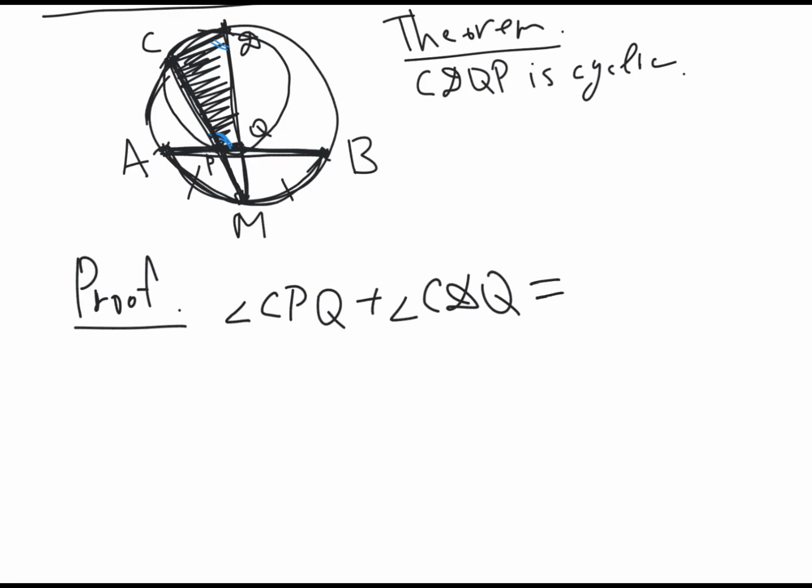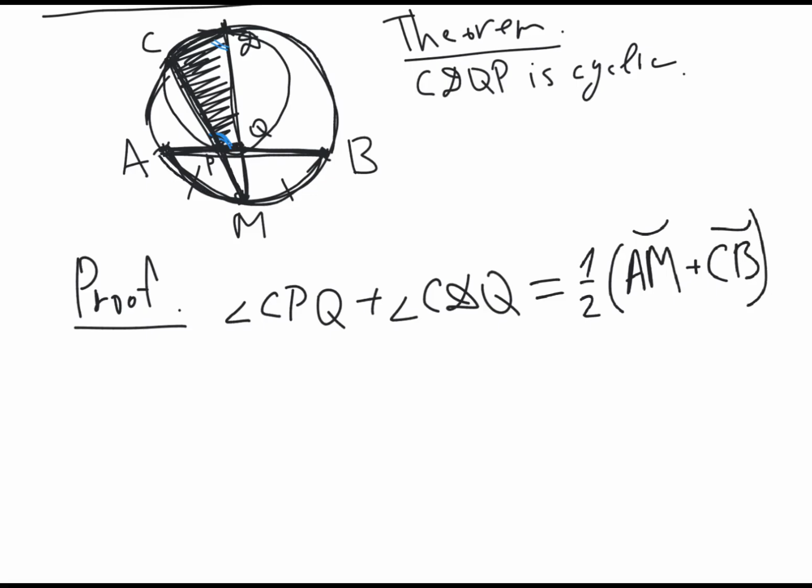So it can be expressed as half of the two arcs that these two chords form. So basically half of the arc AM plus CB, right?